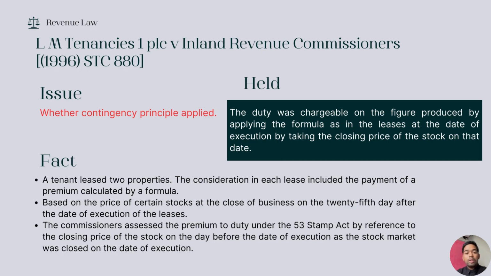And then the commissioner assessed the premium to duty by reference to the closing price of the stock on the day before the date of execution, as the stock market was closed on the date of execution. So the issue here is whether the contingency principle is applied.